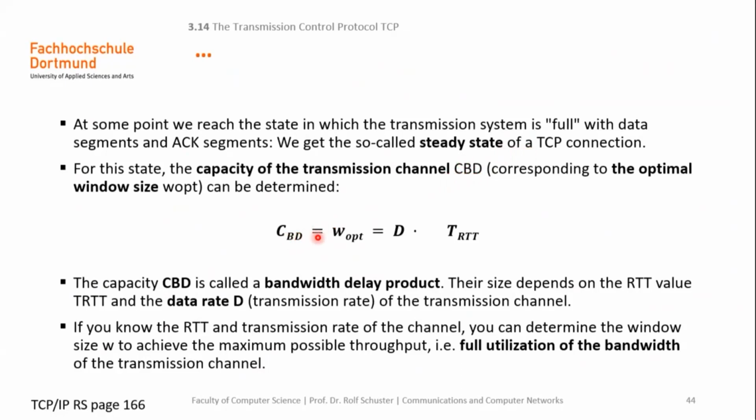And why bandwidth delay product? Because it's the result of the bandwidth, that is the speed of the channel, the throughput of the channel, and the round trip time across this path, across this channel between the two end systems.